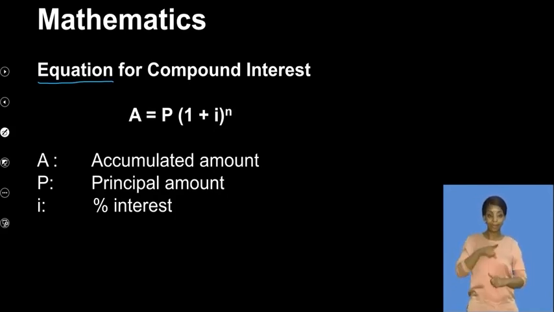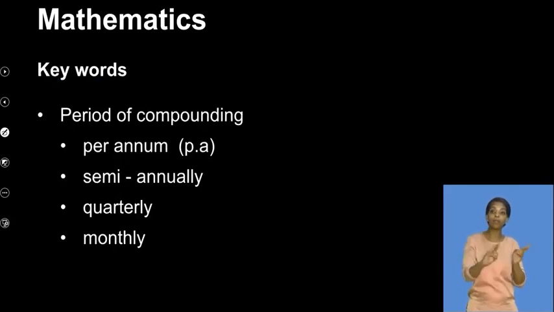And then I will be the interest that you normally get. So we normally divide I by 100, because we don't normally use percentages when we're dealing with calculators or with calculations. Now, our keywords would be the period of compounding, guys. Remember that I said it would either be per annum, which they normally show as PA.